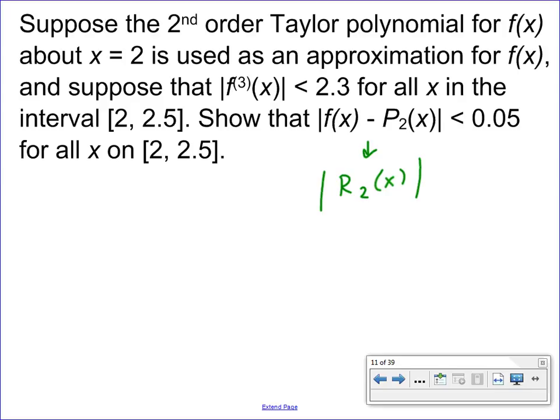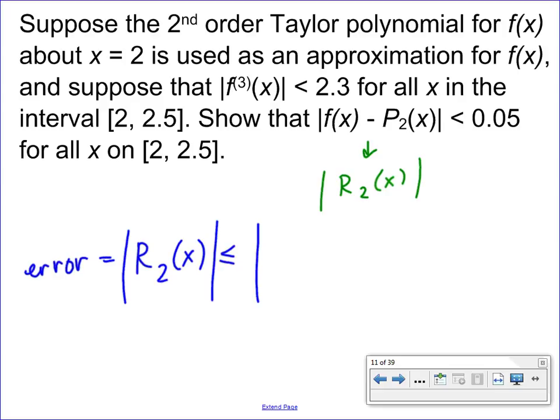But we do have a lot of information right around this second order Taylor polynomial. We've got the third derivative's magnitude is less than 2.3. So I think that we can take our error, which equals our remainder function, and we can bound it by saying that's less than or equal to the absolute value of the next order derivative, the third derivative, evaluated at some x equals c in between my approximation x equals 2 and my x values.